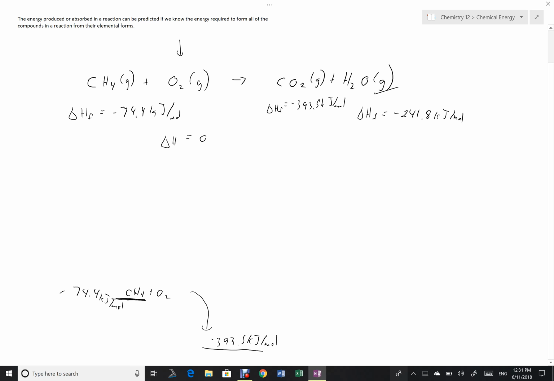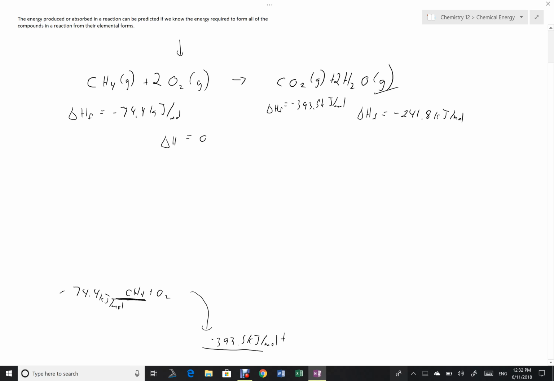And I need to be careful here. I need to represent how much of this reaction is actually happening. So back when I was doing this, I got a little ahead of myself and I forgot to balance the chemical reaction. 4 hydrogens are going to 2 hydrogens, and 1 carbon dioxide is going to 1 carbon dioxide, and then there's 2 oxygens. So there's the chemical reaction balanced.